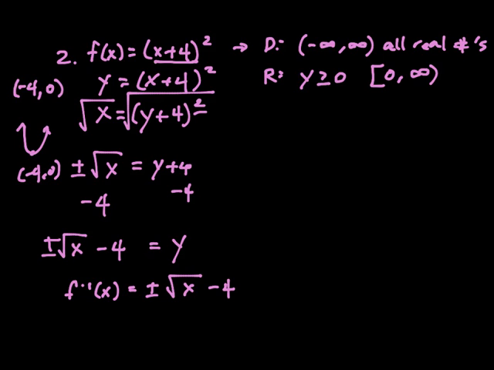Now, if you look at the f of negative 1 inverse, the inverse domain and range, it's really easy. All you have to do is look at the original function's domain and range, and they become the opposite. So you look at the range, which is y is greater than or equal to 0, and the domain is now x is greater than or equal to 0.